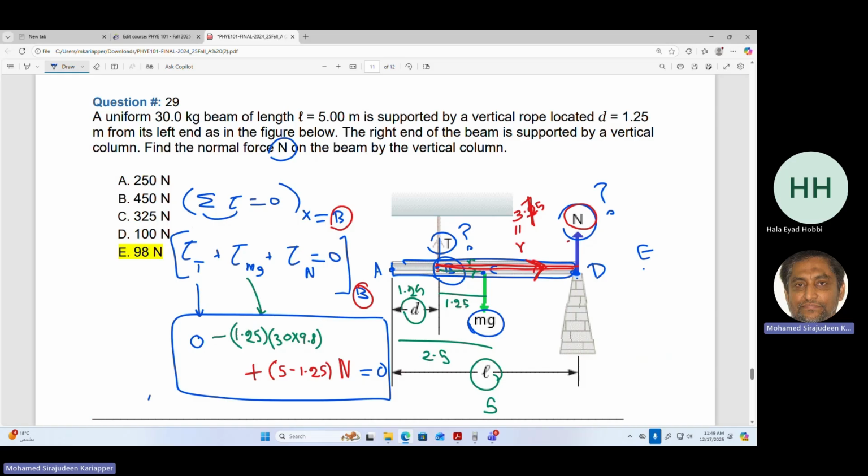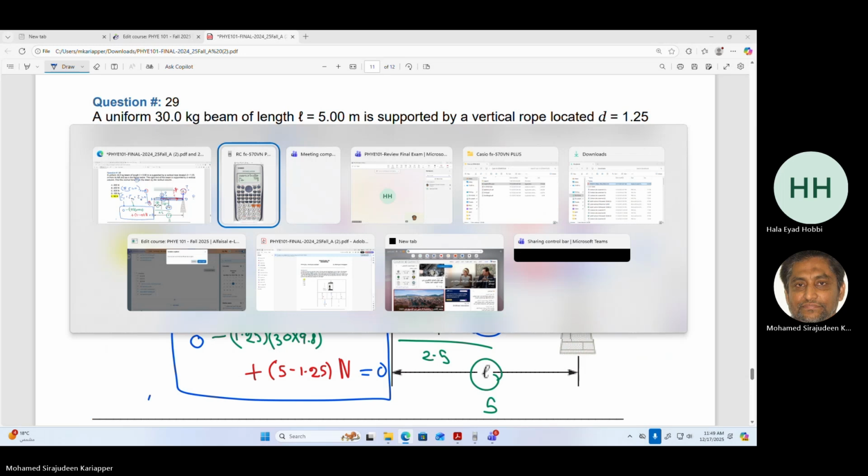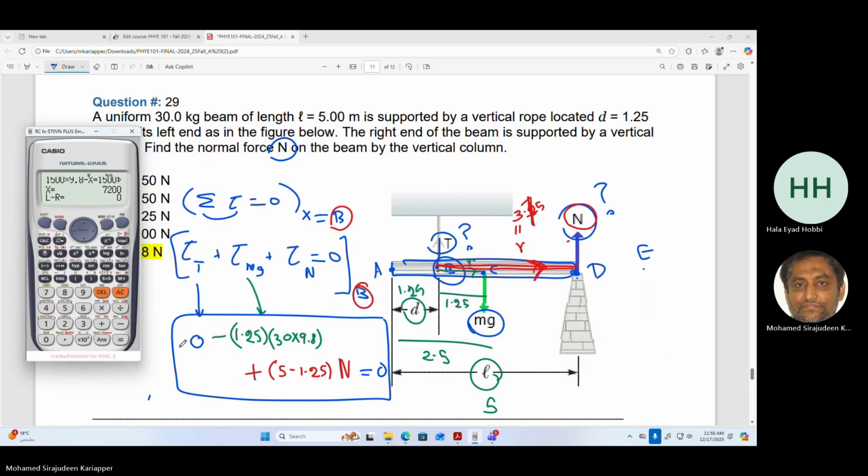Now go to your calculator. You don't have to write the 0. There's a negative, so you have to start with the negative. It's safer to use this negative here. 1.25 multiplied by 30 multiplied by 9.8. Got that green part.